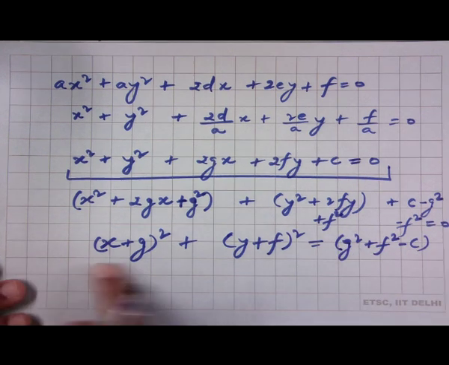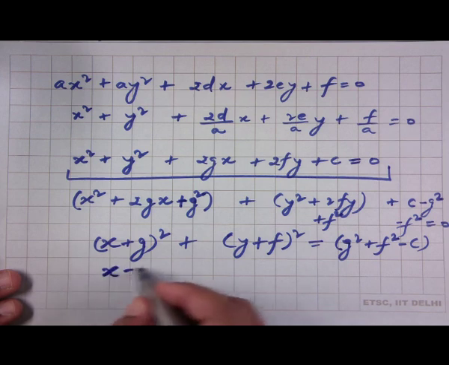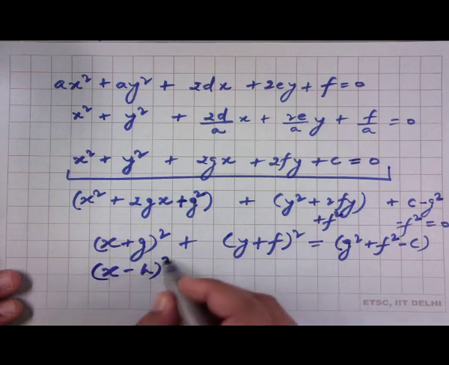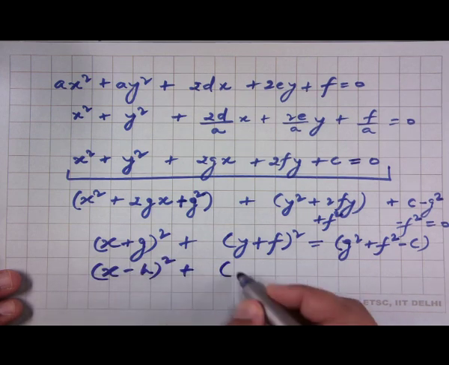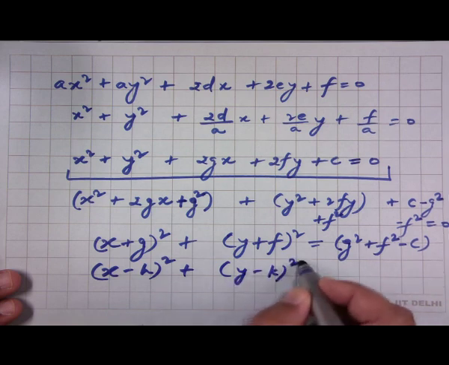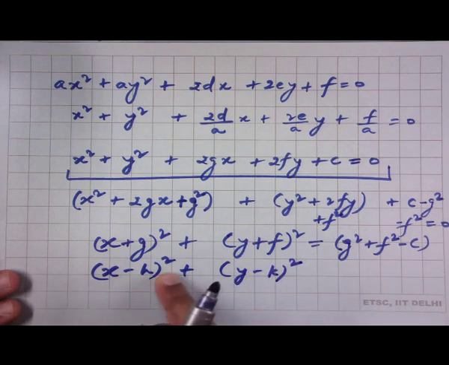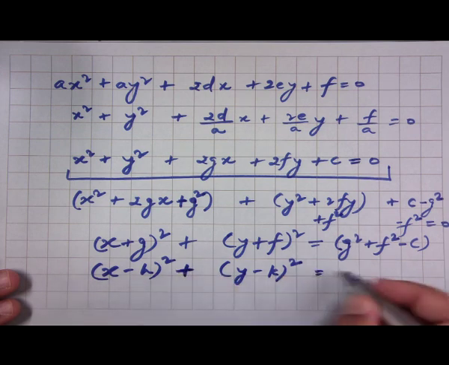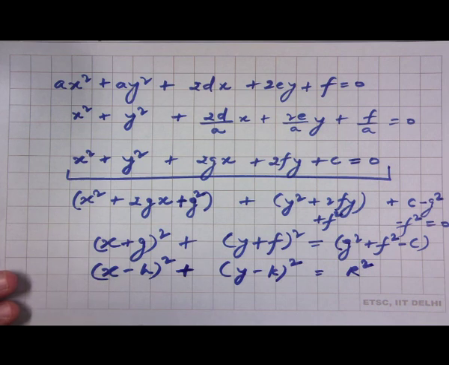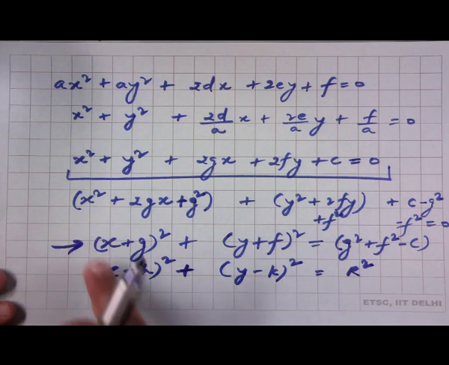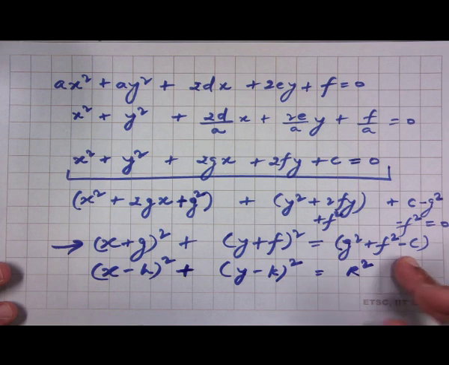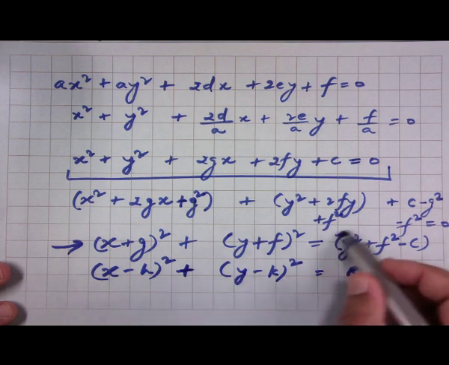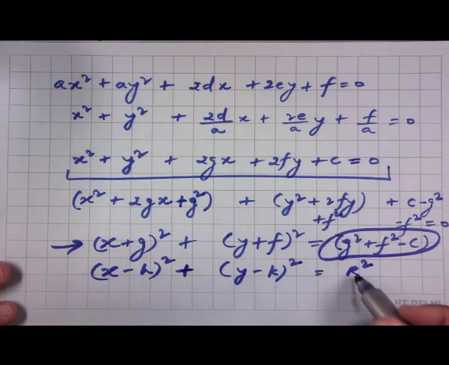And this reminds us of the center radius form, which is x minus h whole square plus y minus k whole square equals r square. Now, this obviously represents a circle if and only if this right hand side is r square.